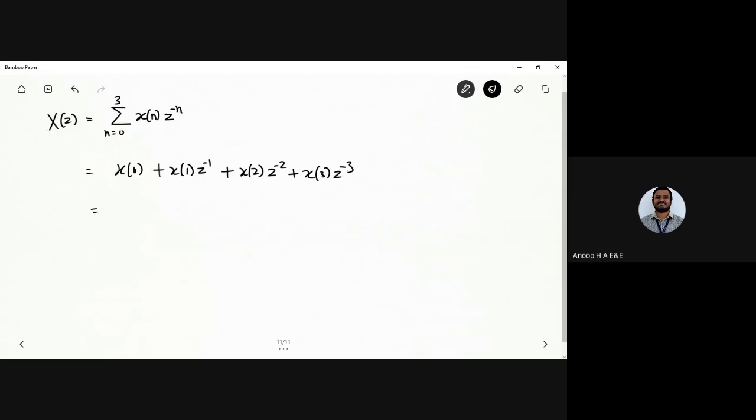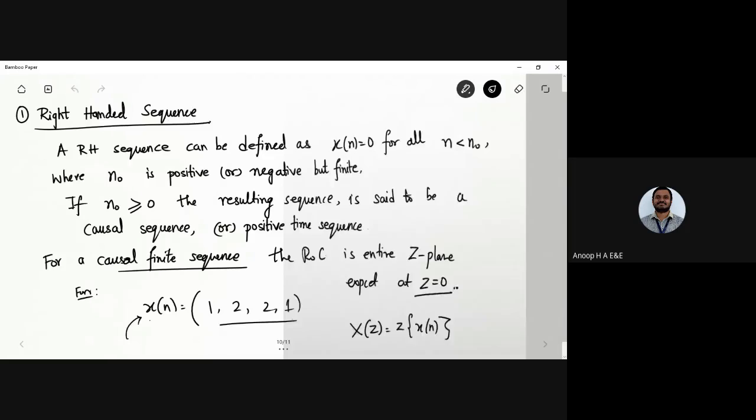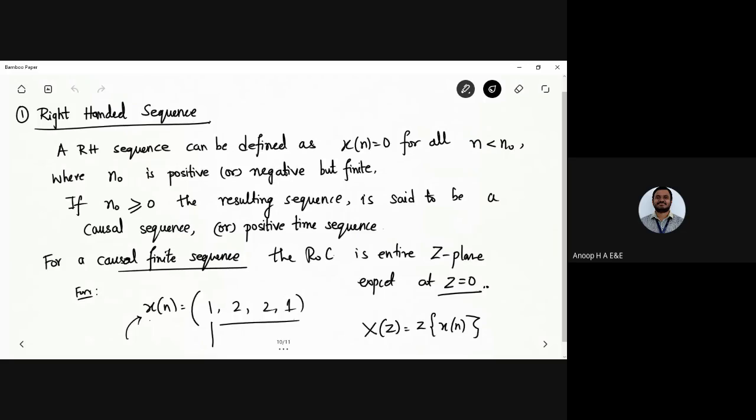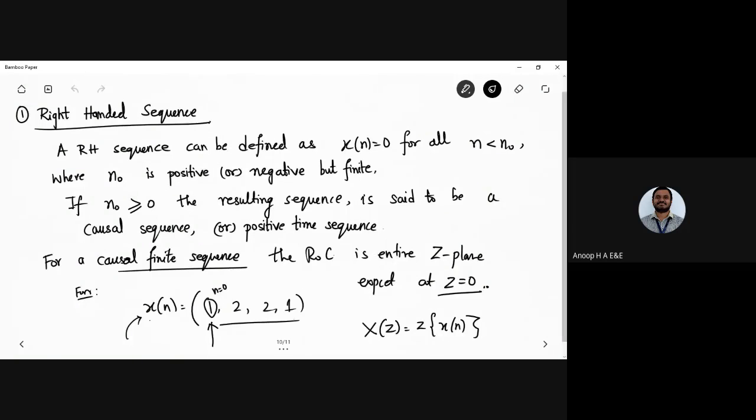So what is x of 0? Look here carefully. This is at n is equal to 0. That is 1 plus, what is x of 1? This is 1. That is x of 1, and this is x of 2, and this is x of 3.